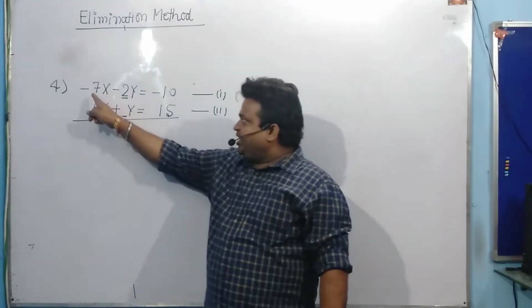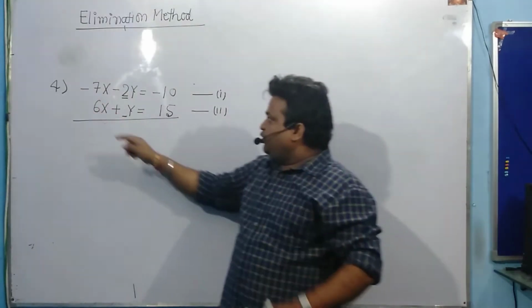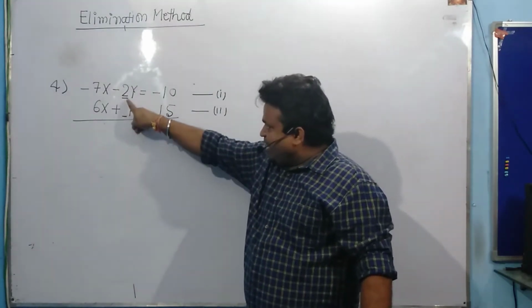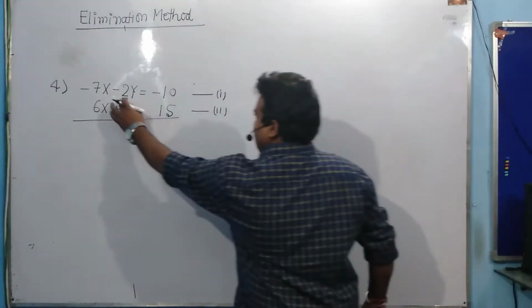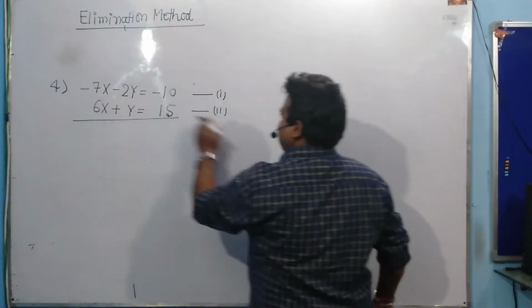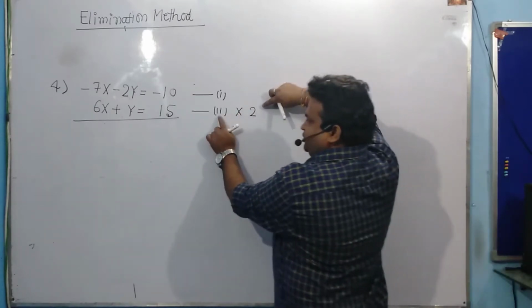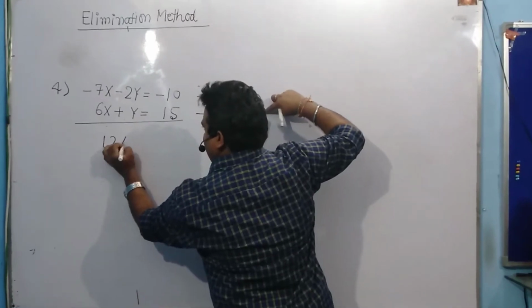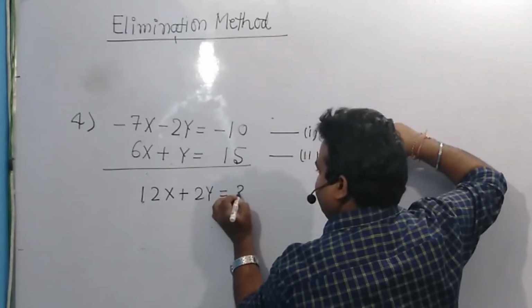So instead of making the x coefficient equal, I'm going to make the coefficient of the y variable equal. For this, I am going to multiply equation number 2 by 2 only. If you multiply equation number 2 by 2, what do you get? 2 multiplied by 6 gives 12x, and 2 multiplied by y gives 2y, equal to 30.